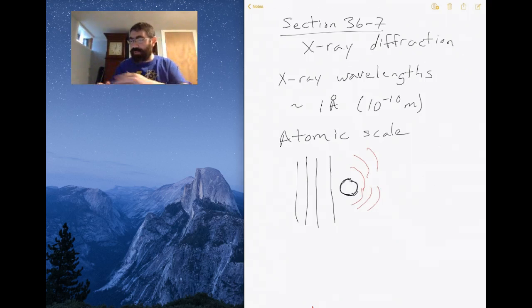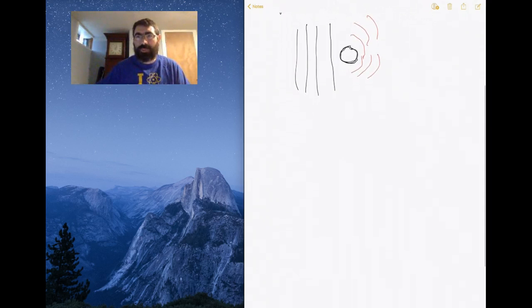The waves hit the cylinder and then bend around the sides of that object. So you can get diffraction either with waves going through an object or diffraction just off the corner of an object. And that's what's going to happen with X-rays and atoms.